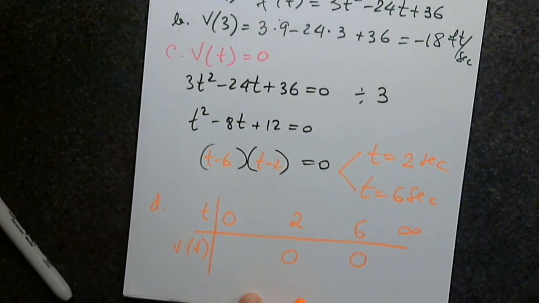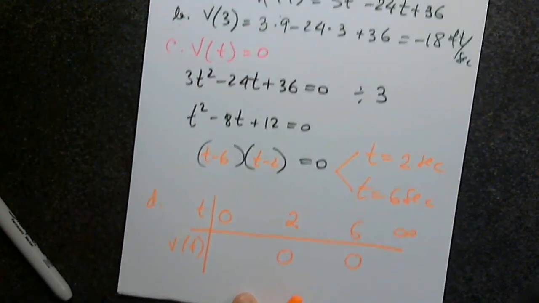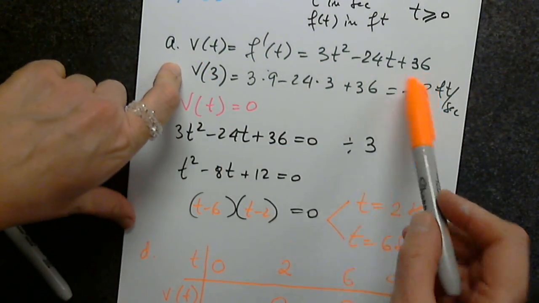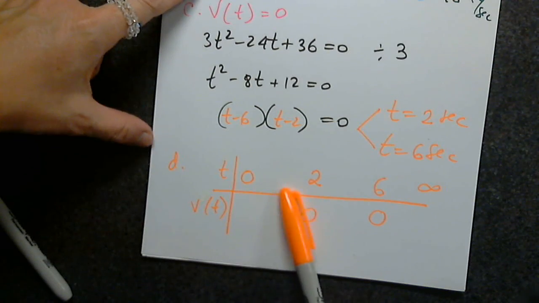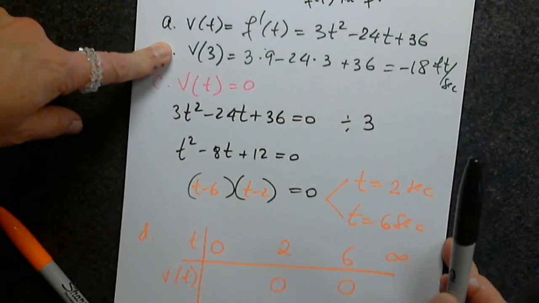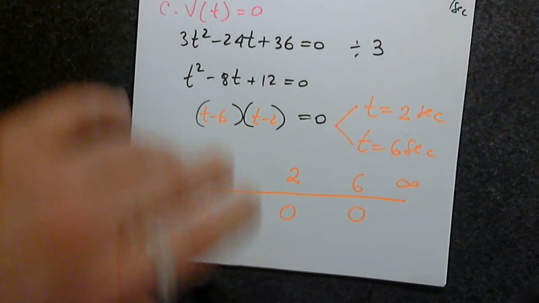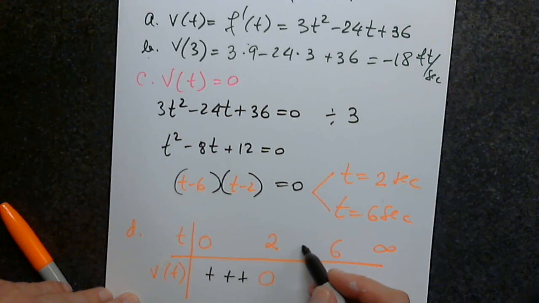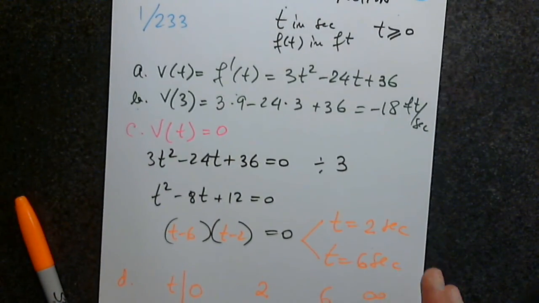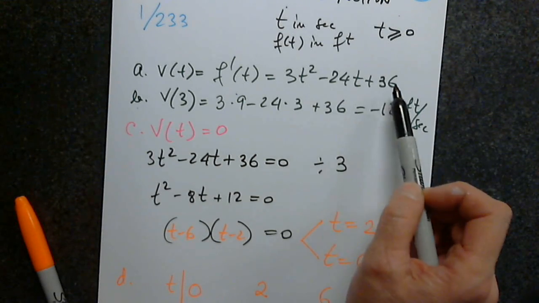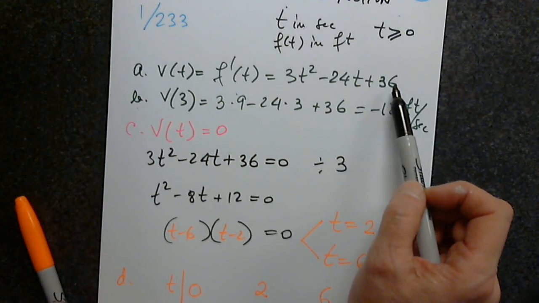Can you please plug in 0 for me and tell me the sign of v between 0 and 2? Just the sign. Good. Can you please plug in, let's say, 3 and give me the sign? 27, yes. 27 plus 36 is 63.